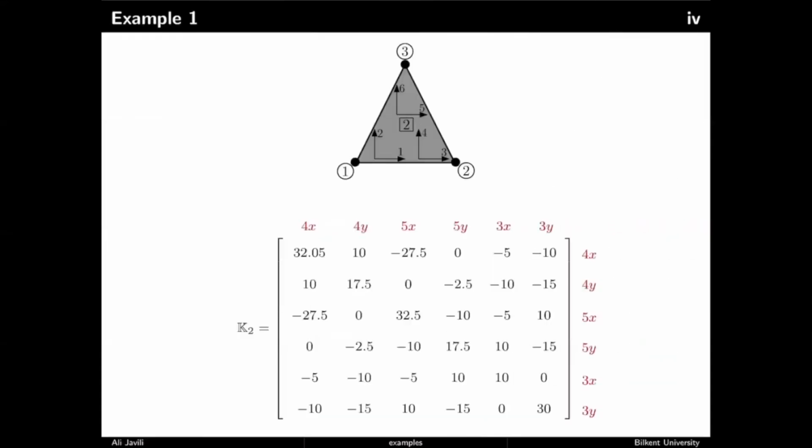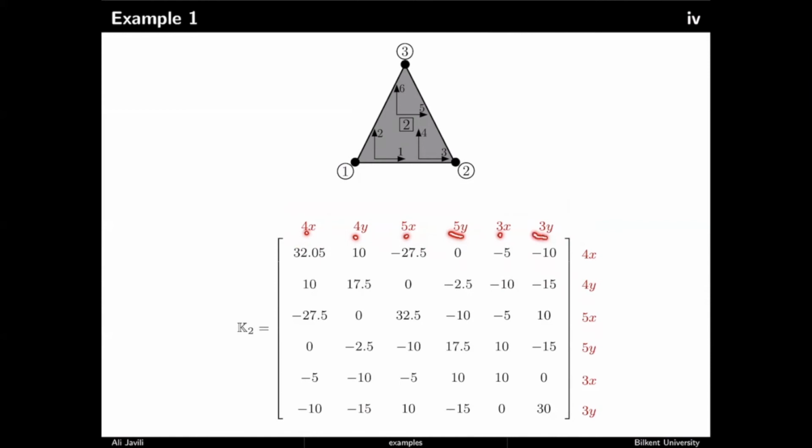Then we do the same thing. Now we calculate the stiffness of the triangular element. Now you see the degrees are basically based on these. So this would be node 4 in x direction, 4 in y direction, 5 in x direction, 5 in y direction, and 3 in x direction and 3 in y direction.